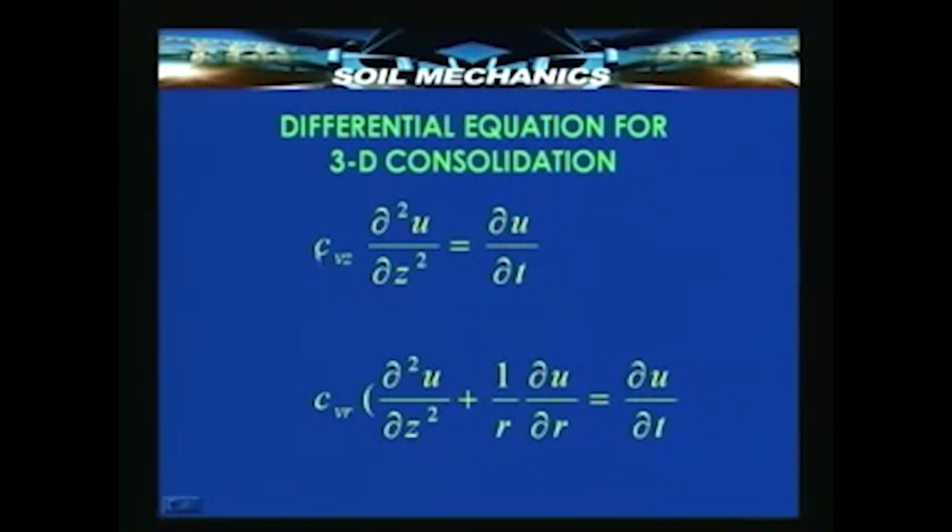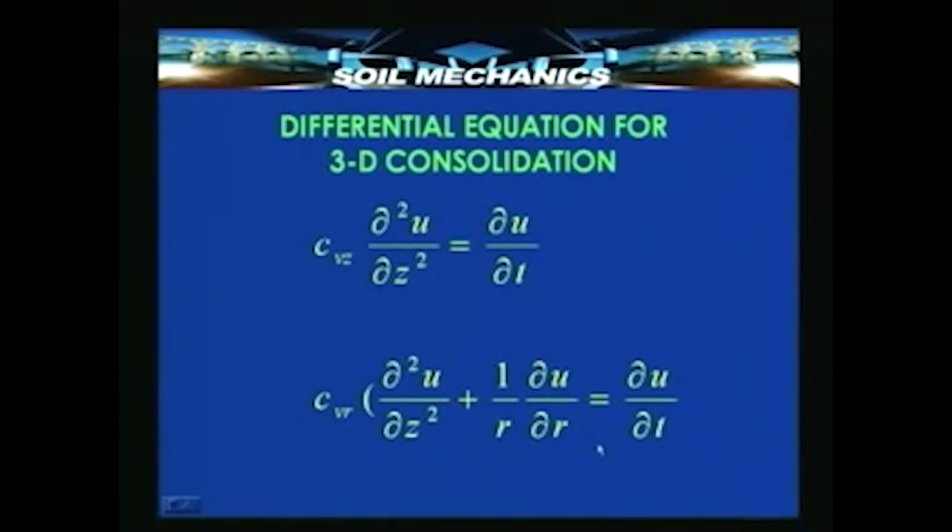We will find that this is in no way different from the equation that we had derived for 1-dimensional compression. The difference is, we have added a notation z here to indicate that this is vertical direction, Cv for vertical or z direction, in order to distinguish this from the value of Cv that we will get for the differential equation involving the compression in the radial direction. So, we have two Cv values and two equations.